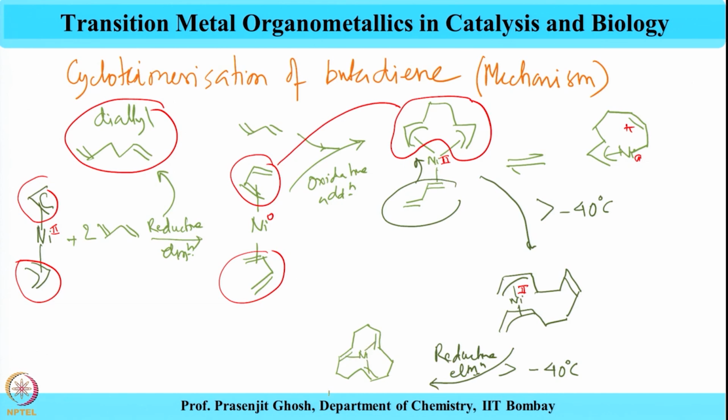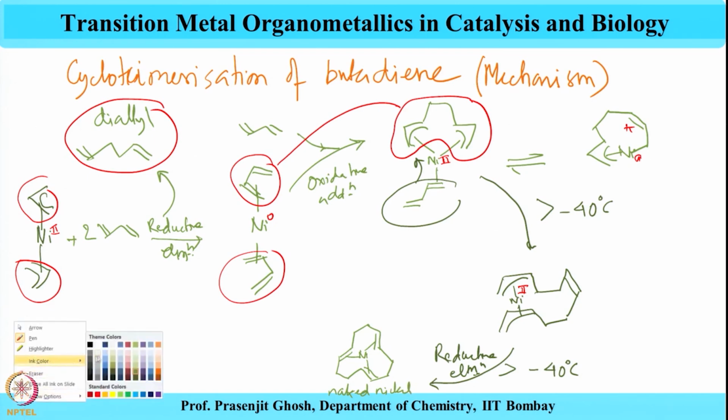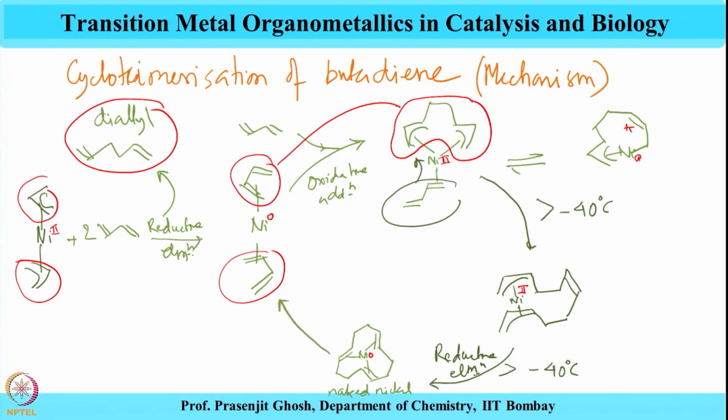And this is called naked nickel. And this is a nickel 0 species which finally eliminates the butadiene trimer to give this cyclic trimer.